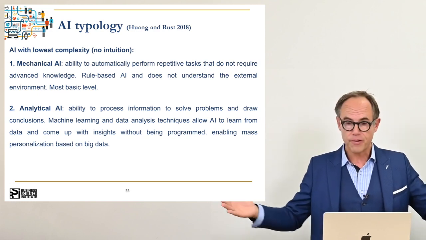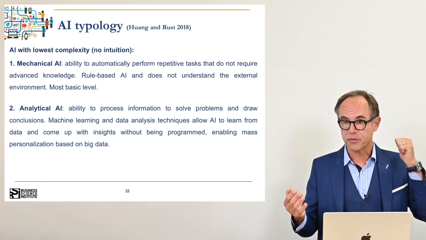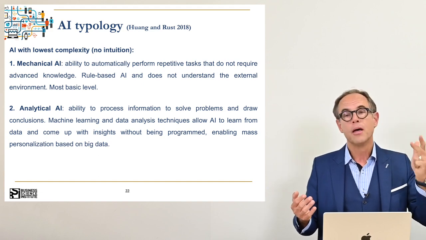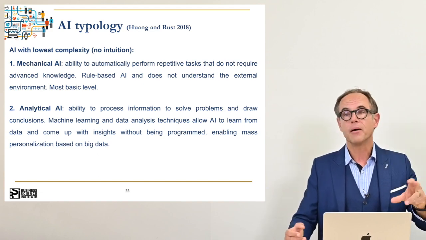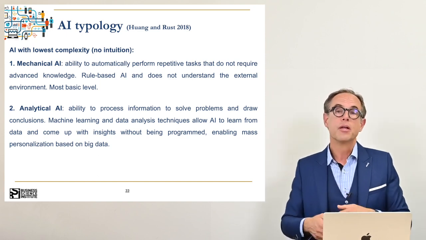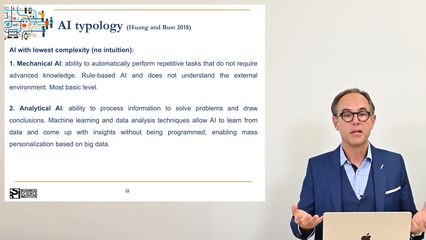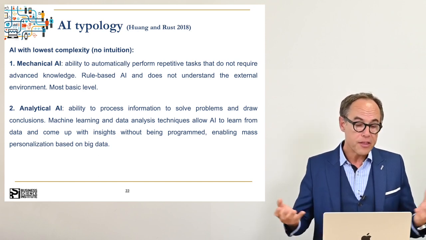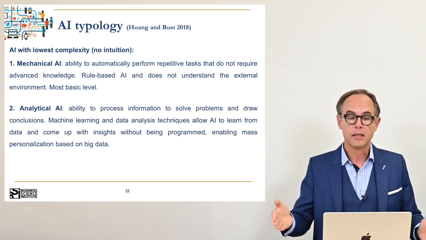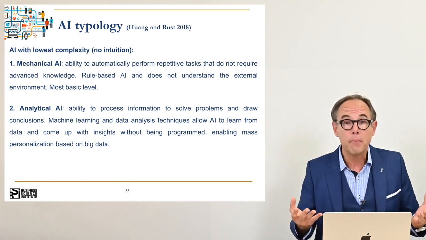In other words, we have data from purchases, we have data from social media, we have data from geographical location, we have data from IoT, and then the AI will analyze this data and give personalized recommendations to better satisfy customers, to make them more loyal. But this is the state of the art of today's AI. It's the lowest level of AI and lowest complexity, already quite complex.